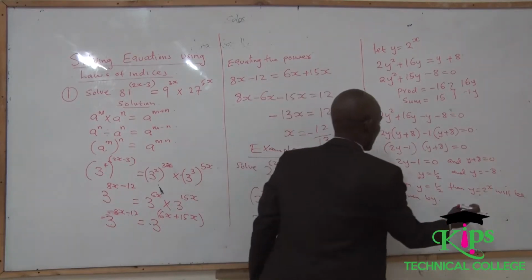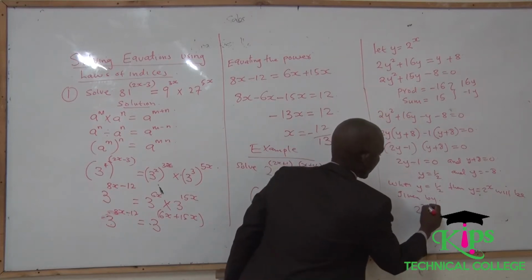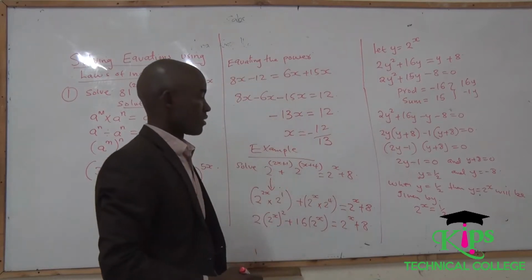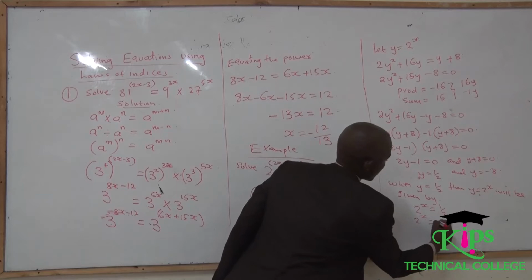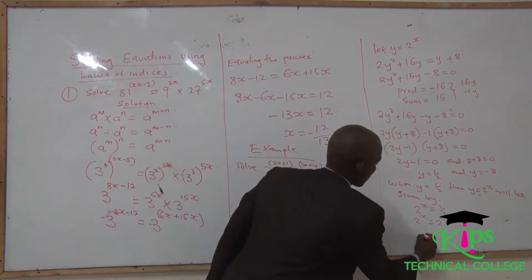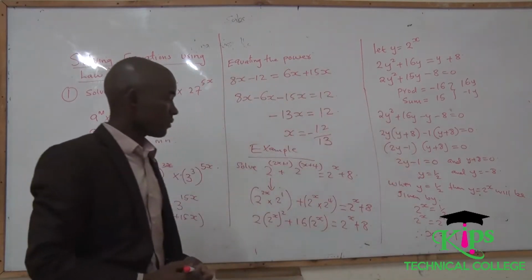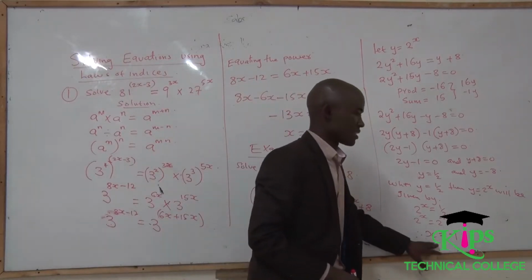So we say 2 raised to x is the same as a half. Remember, a half can be written as 2 power negative 1. So 2 raised to x is the same as 2 power negative 1. This gives us, therefore, our x will be equal to minus 1. So the value of x now becomes minus 1.